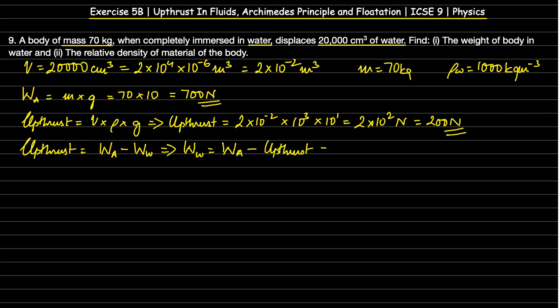So weight in air, we got it as 700 newtons, minus upthrust, we got it as 200 newtons. So we can write it as 500 newtons. So we have got weight in water as 500 newtons.